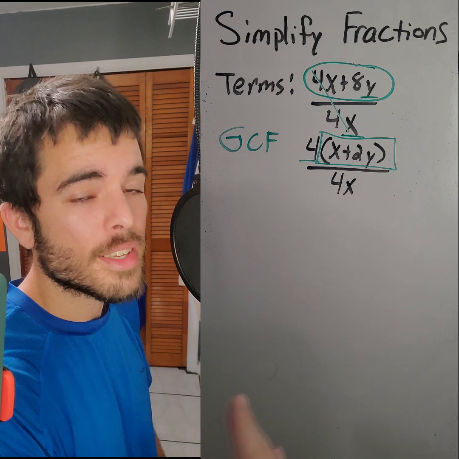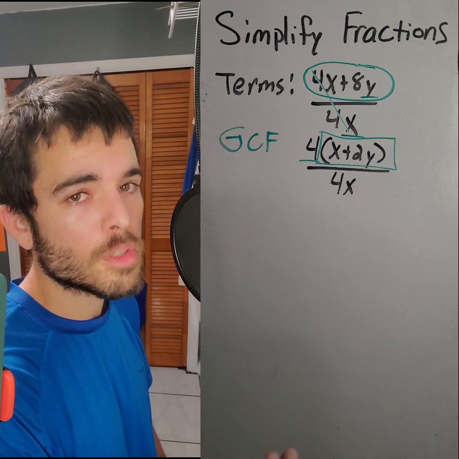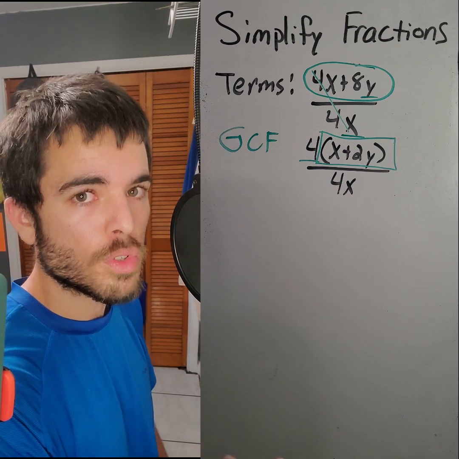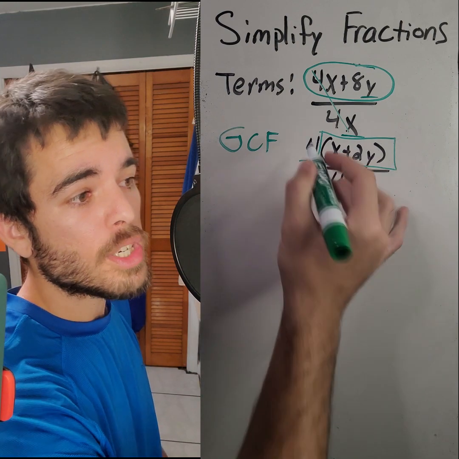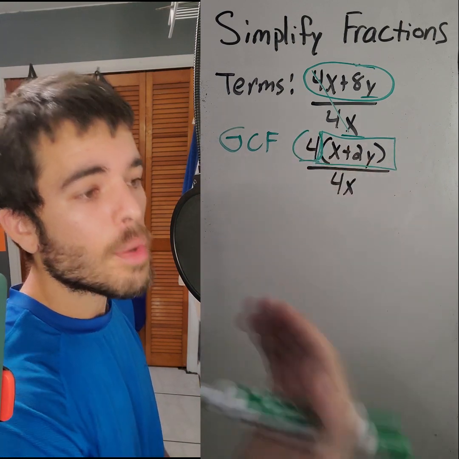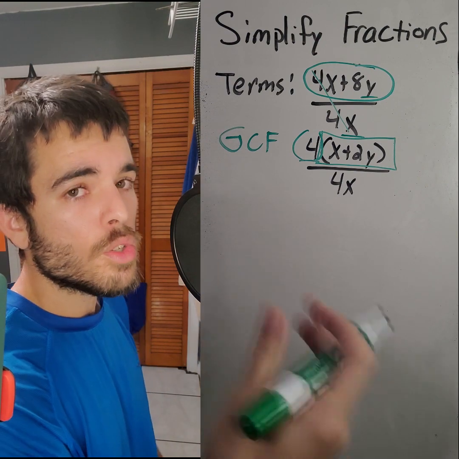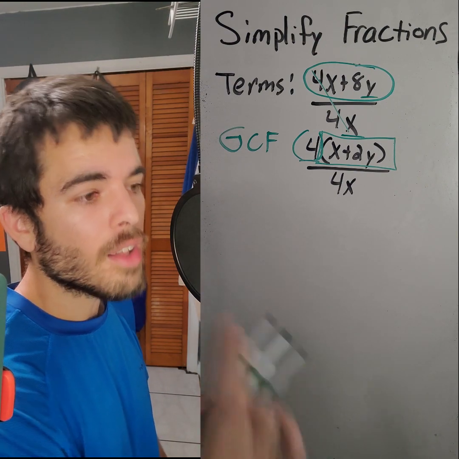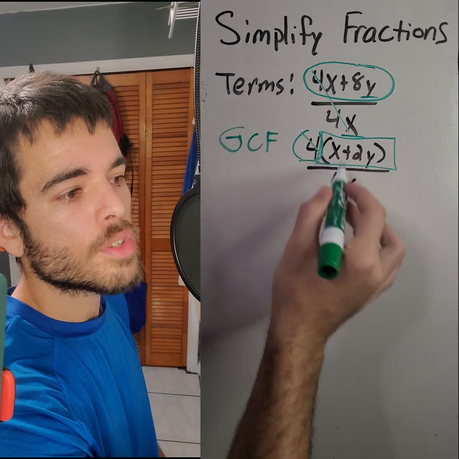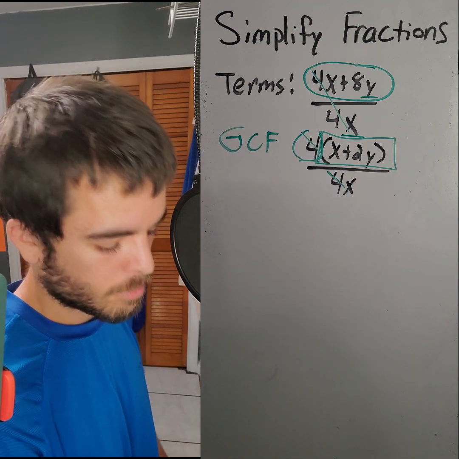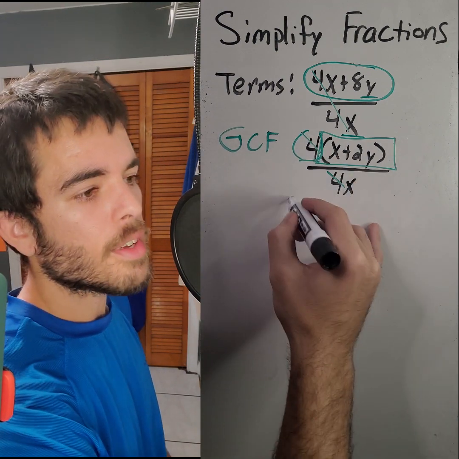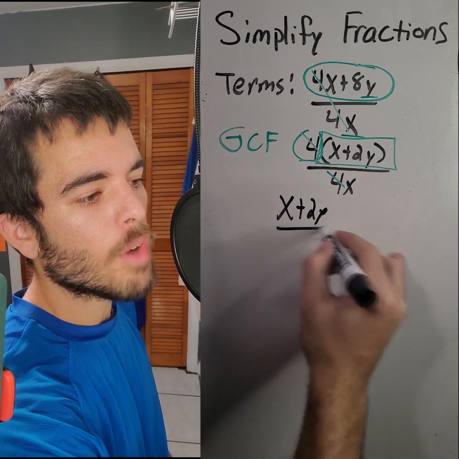That's something you want to see in fractions: multiplication between different groups. We have a group which is just the 4, and a group which is x plus 2y. Having these two separate groups multiply together allows us to cancel out the 4's top and bottom, giving us x plus 2y over x.